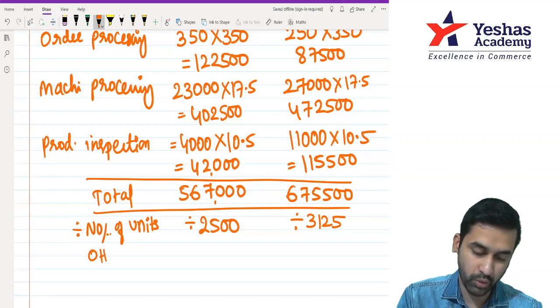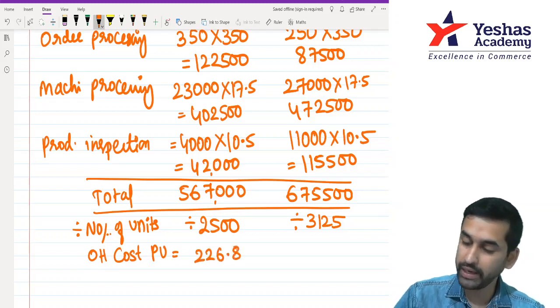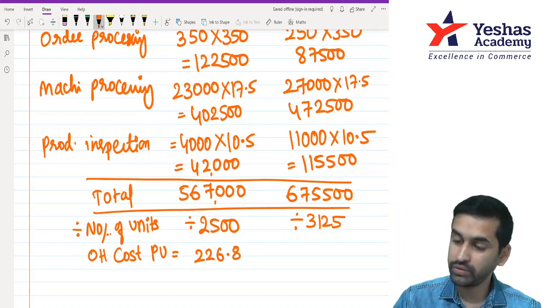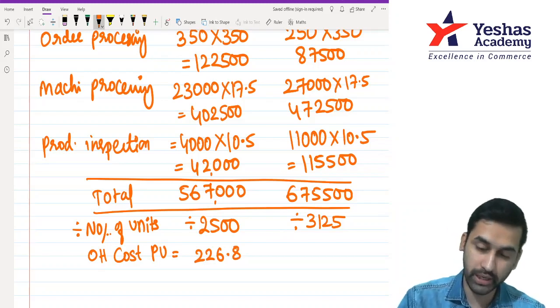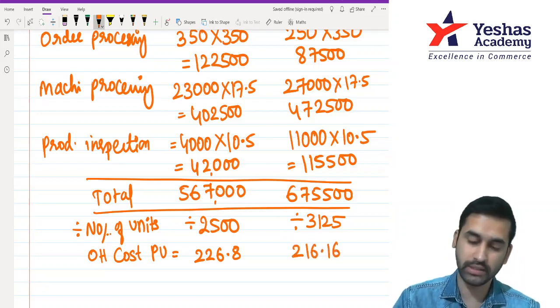This will be the overhead cost per unit. 567,000 divided by 2,500 is 226.8, and 675,500 divided by 3,125 is 216.16.